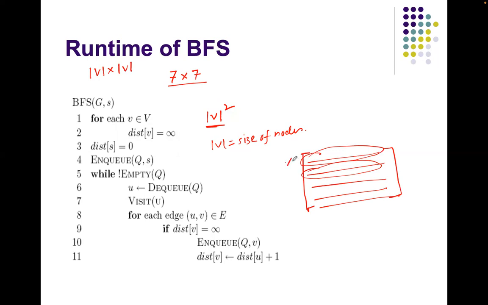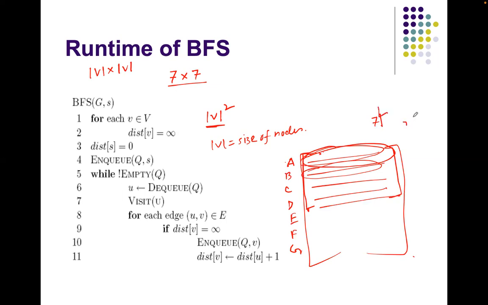For example, here we have A, B, C, D, E, F, and G. We have to traverse the whole row, the full size, for node A to see what edges are adjacent to node A. We have to do the same for nodes B, C, D, E, F, and G. That makes it 7 squared, meaning N squared, where N is the number of vertices.